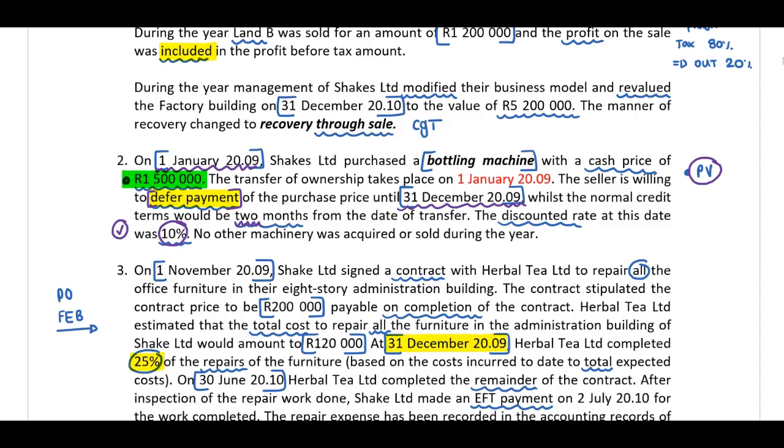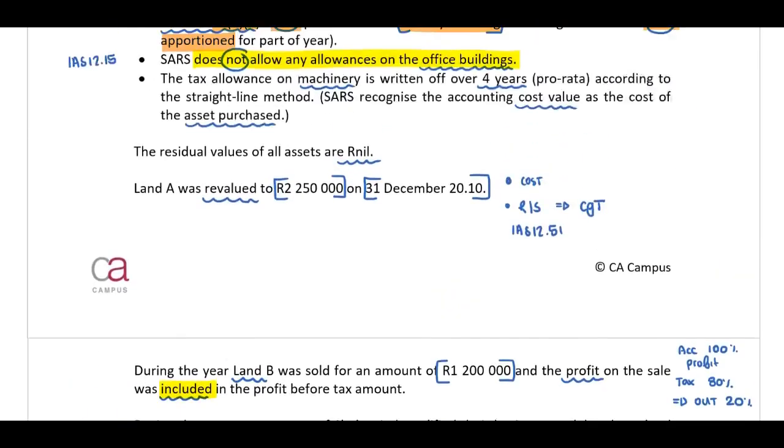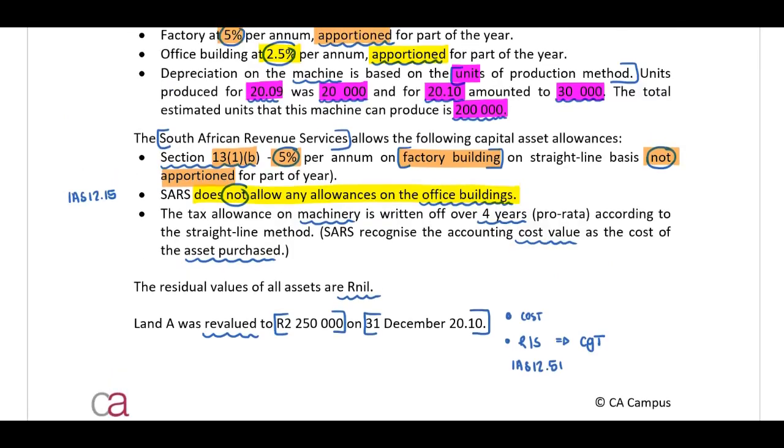When we refer to the given information, they've indicated to us that the tax allowance on machinery is written off over 4 years pro rata according to the straight line method. So recognize the accounting cost value as the cost of the asset purchase. Now this is important. Why?